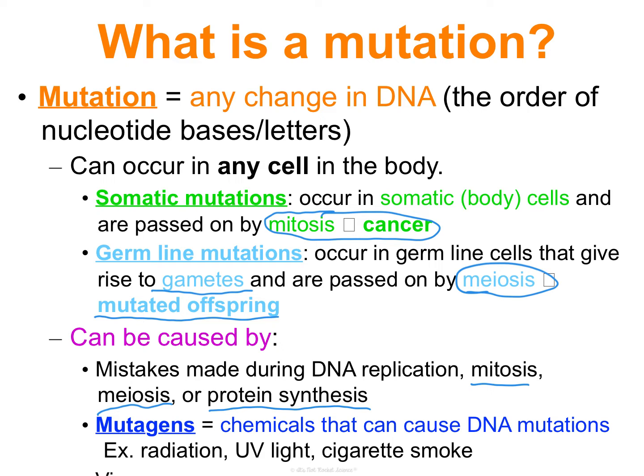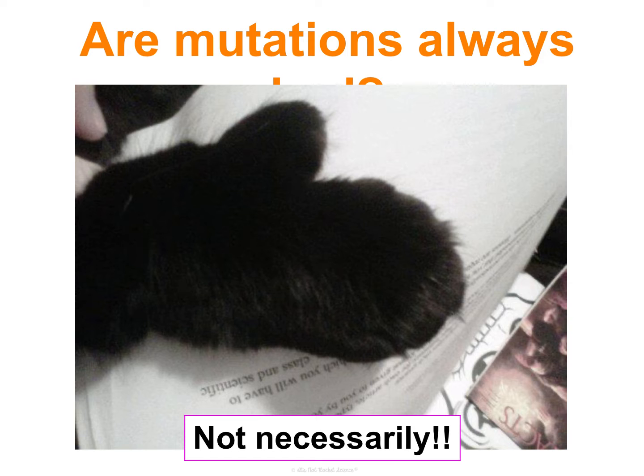Those are chemicals in the environment that can cause DNA mutations. For example, UV light from the sun is a mutagen. Any sort of radiation, other chemicals like cigarette smoke and the poisons that they contain, those are called mutagens. They cause the DNA replication process to be more likely to form an error.